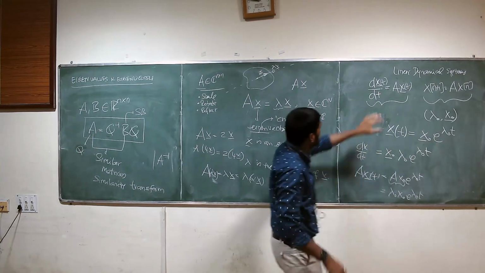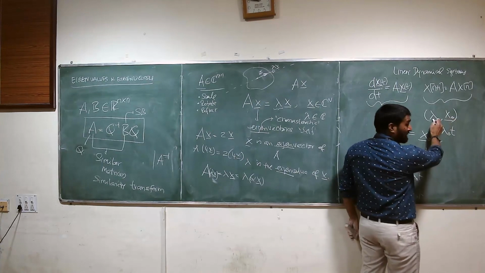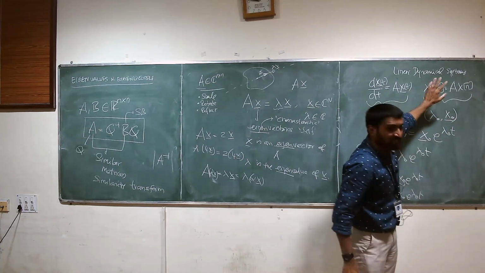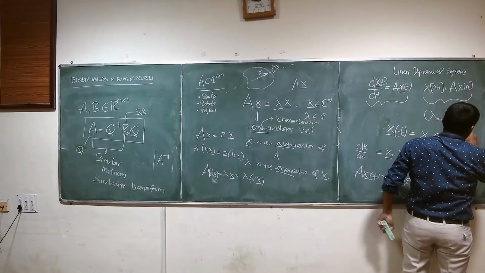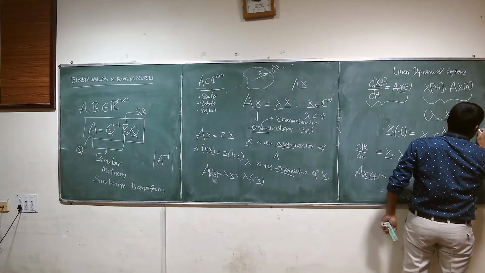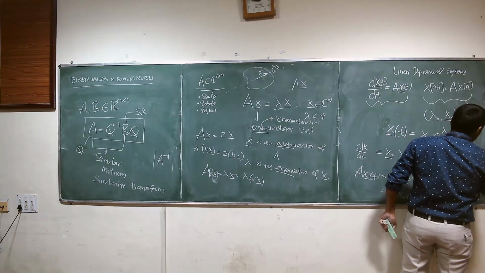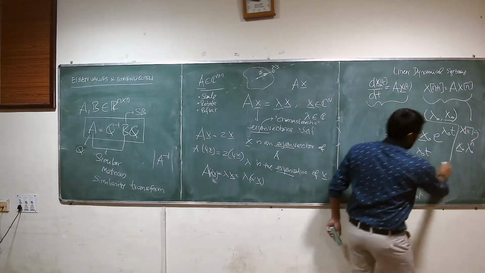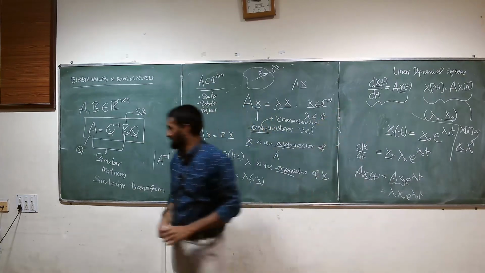Any general solution that you come up with will simply depend on your eigenvalues and your eigenvectors. You can show the same thing to be true in the discrete case as well, except the solution will be of the form x of n equals x0 lambda naught power n. This is where eigenvalues and eigenvectors are extremely useful.